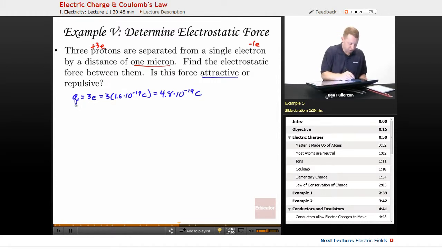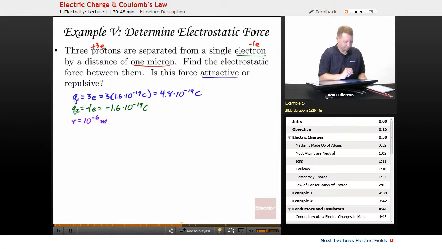Our second charge, Q2, is the charge of our single electron, which is minus 1 elementary charge, or minus 1.6 times 10 to the minus 19 coulombs. And the distance between them is 10 to the minus 6 meters.